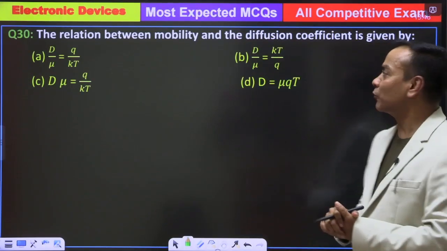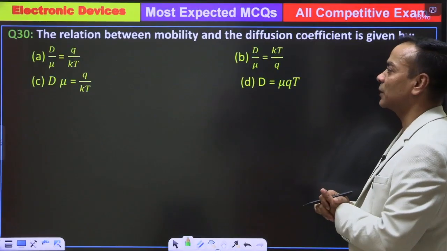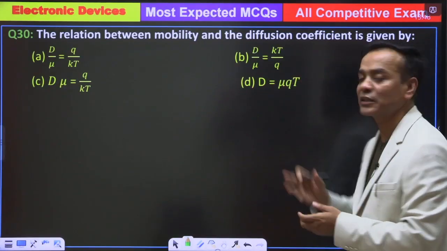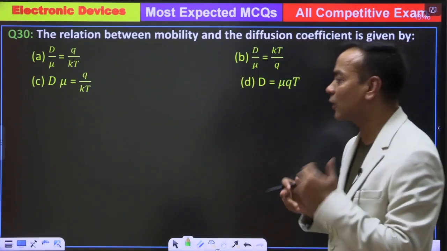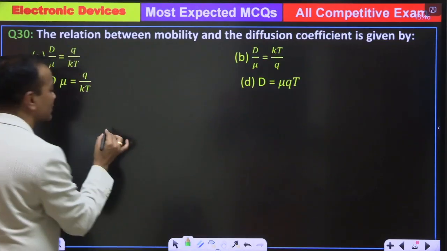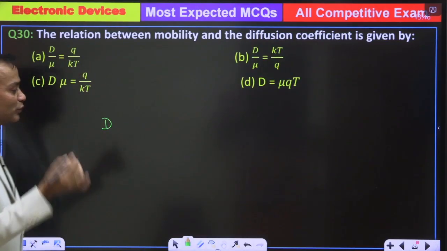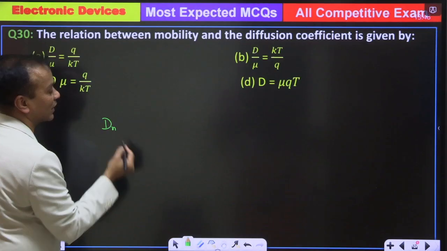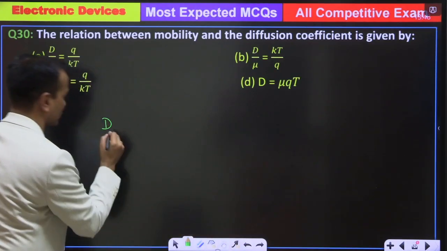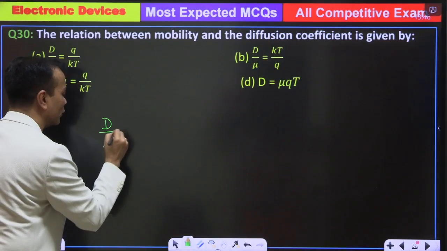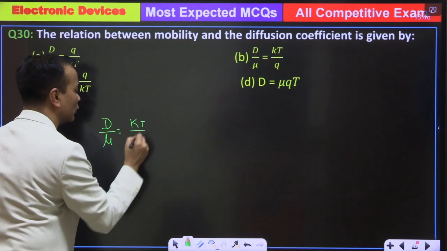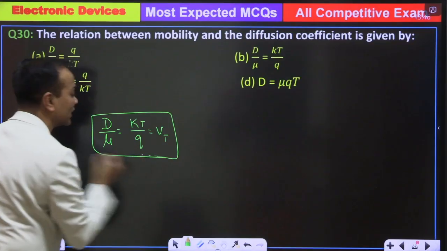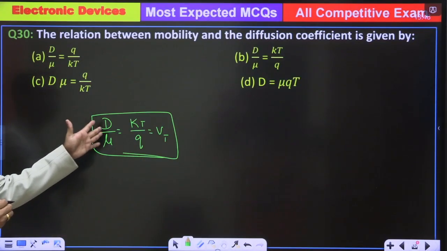The relation between mobility and the diffusion coefficient is given by... These things I had already discussed earlier. This is the Einstein relationship, giving the relation between the diffusion coefficient Dn or Dp, or simply D by mu is equal to kT by q, or simply this kT by q is called Vt.